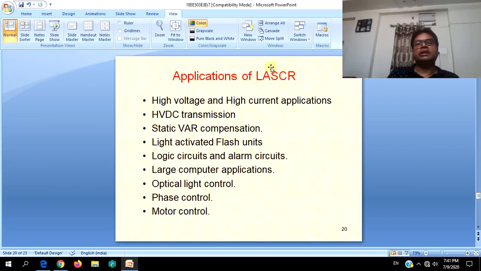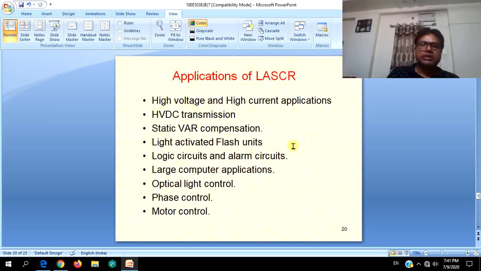For control or turn on, you require an electrical connection between gate and cathode, whereas in LASCR, when light falls on the gate, a triggering pulse which is required for turning on can flow between gate and cathode. So that is the added advantage.